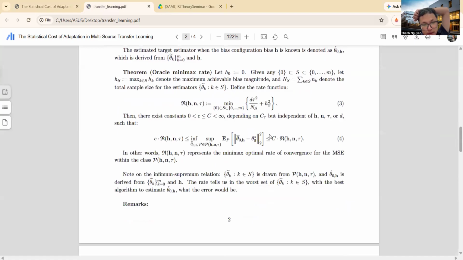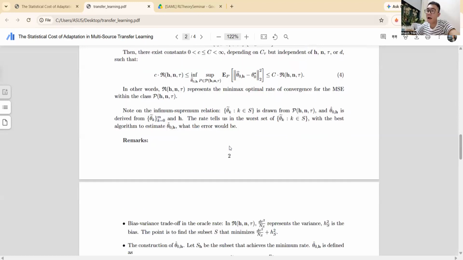For the upper bound, they say there exists some estimator that achieves an error similar to the minimax rate up to some constant c. So do they construct a specific estimator for proving equation 4?